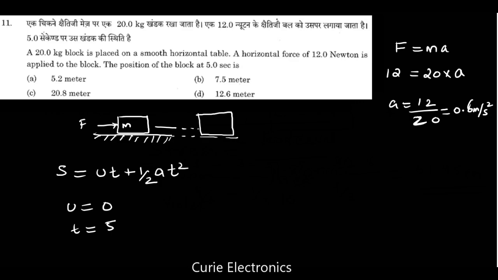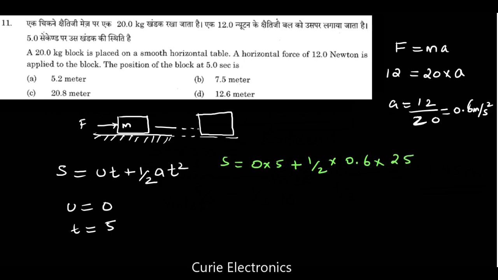Now put the values in the equation. u equal to 0, so 0 into 5 seconds will be 0 only. Plus half, and the acceleration we found is 0.6 meter per second square, multiplied by t square. 5 square equals 25.